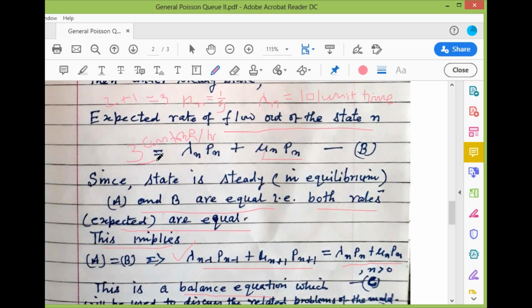So what is this flow? Outflow or inflow, both are ultimately understood in terms of the customers. So when we talk about the balance equation, the equilibrium state, do not be crazy about only the mathematical expressions, left is equal to right.